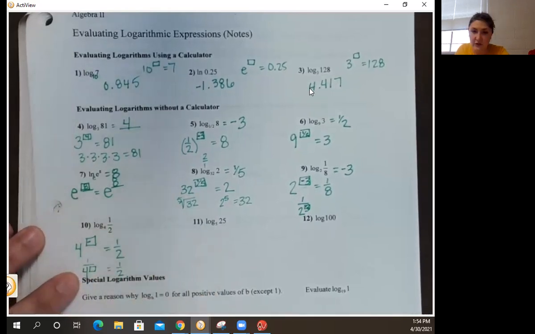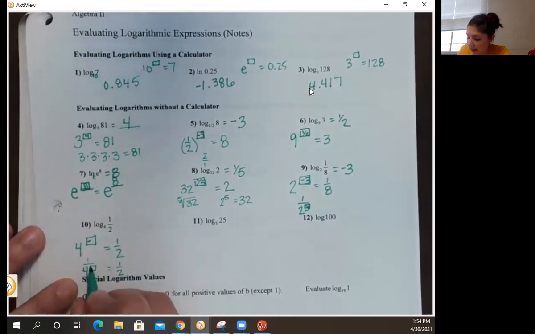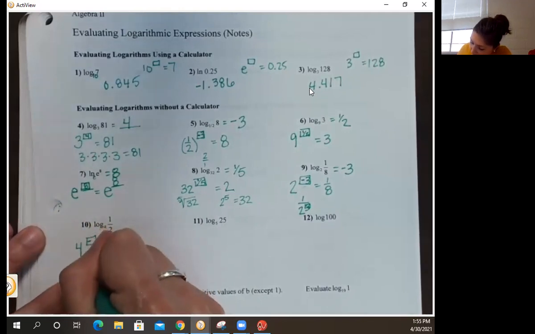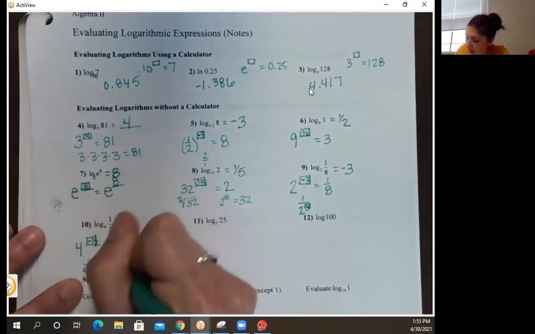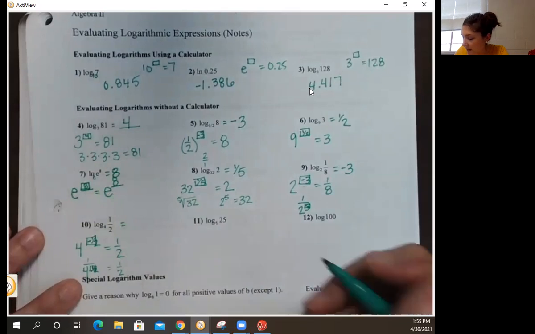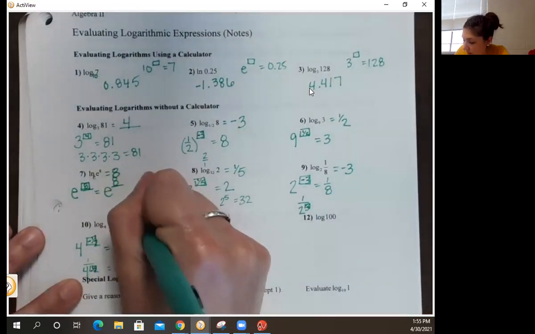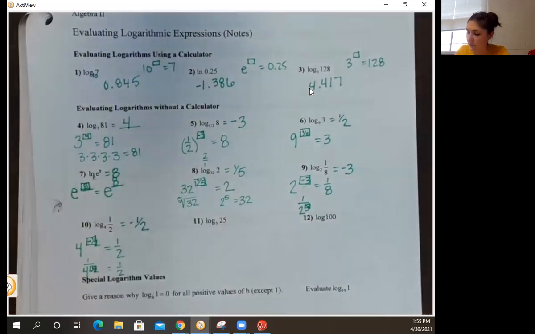But 4 is bigger than 2. So again, I'm going to need a fractional exponent because I need to take some root of 4 to get down to 2. It's actually the square root of 4 that would give me 2. So I want the 1/2 power here, which means that log base 4 of 1/2 would be -1/2. Kind of a double whammy with that one.